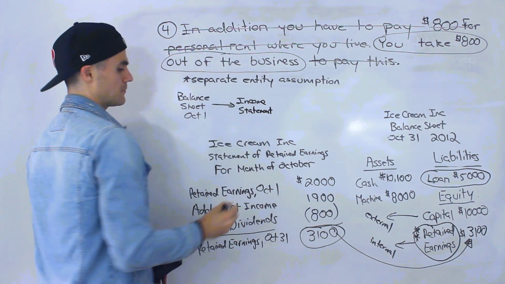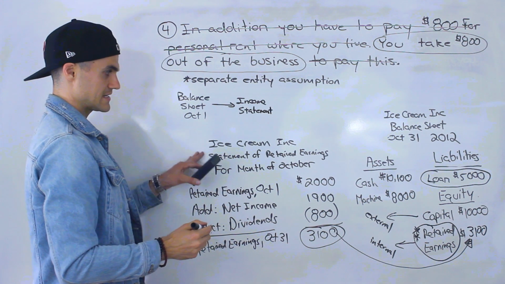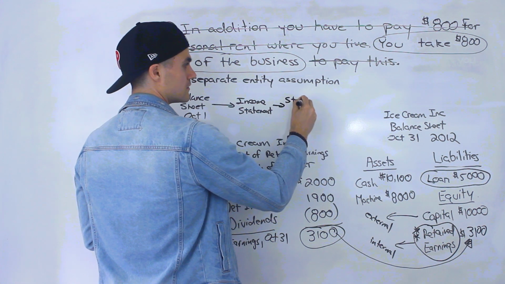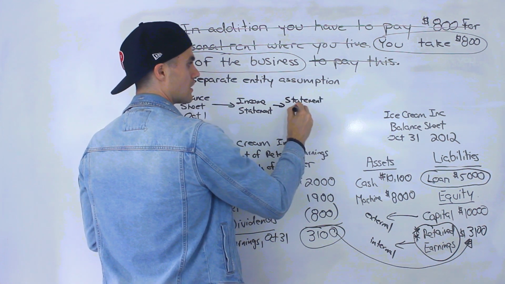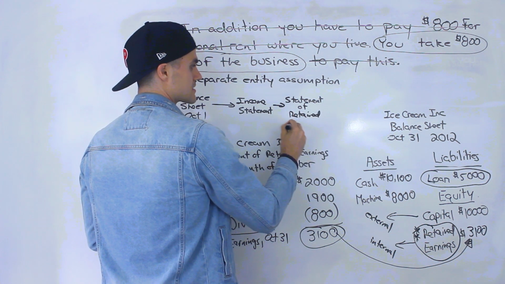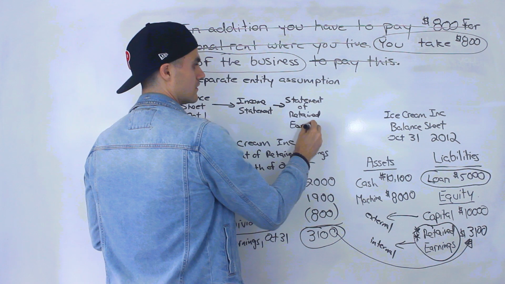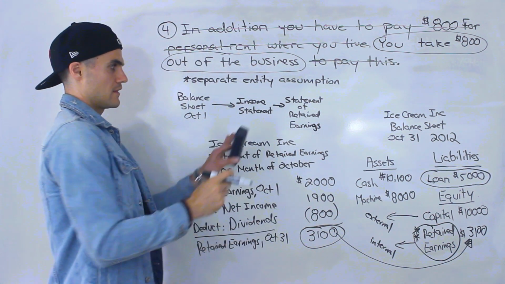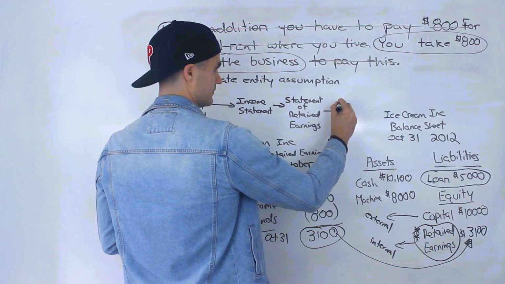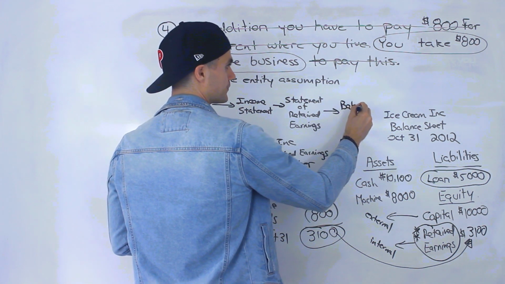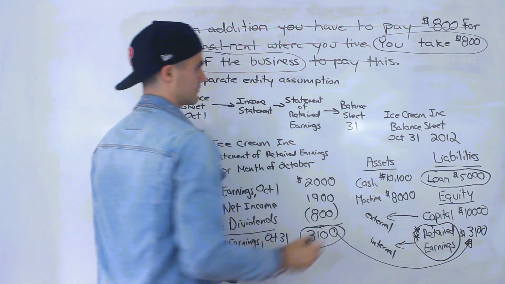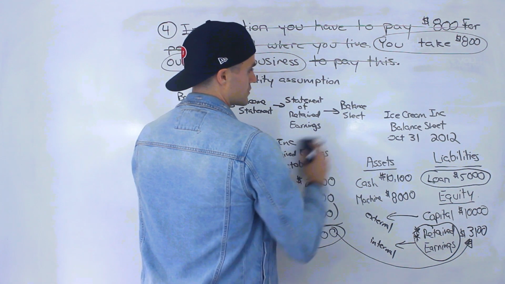And the way I like to think about it is this statement of retained earnings, it sort of connects this income statement for the period with the balance sheet at the end of the period. Oh, sorry, October 31st.